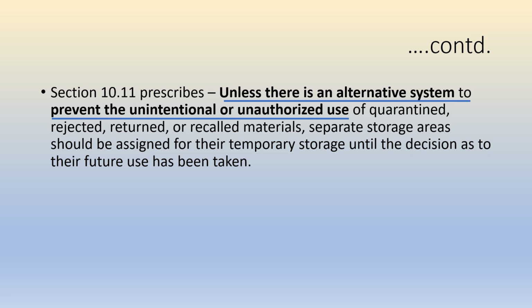This point is important. Till the investigation and salvaging of the product, it is necessary to keep such materials in quarantine. The system should be designed in such a way that unauthorized usage of such materials in the process is totally controlled. The controls could include an electronic control system.